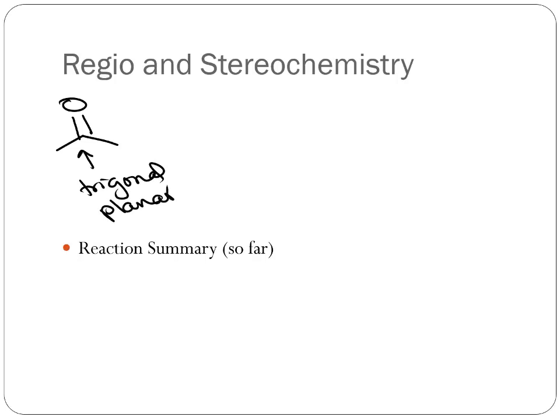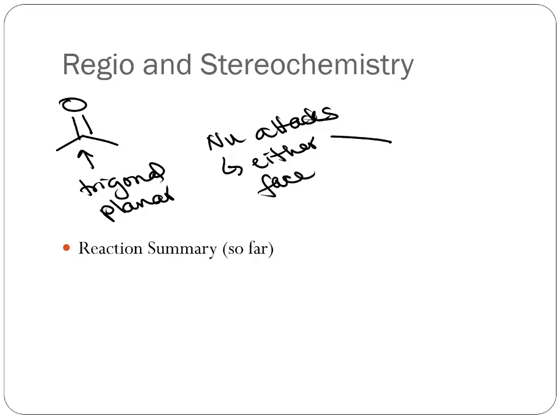So in regards to stereochemistry, when your nucleophile attacks, because this electrophile is planar, the nucleophile is going to attack from either face, the top face or the bottom face, which means we're going to get a mixture of products.